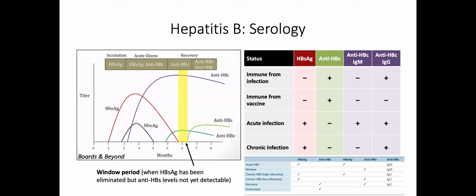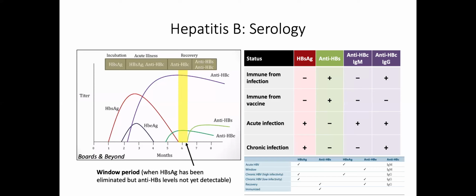There's different ways of looking at it. You can look at the top or the bottom. But know that acute Hep B is going to have that surface antigen, as well as the E envelope antigen, and hepatitis B core IgM. Window is going to have the anti-Hep B E, as well as the IgM core antibody.